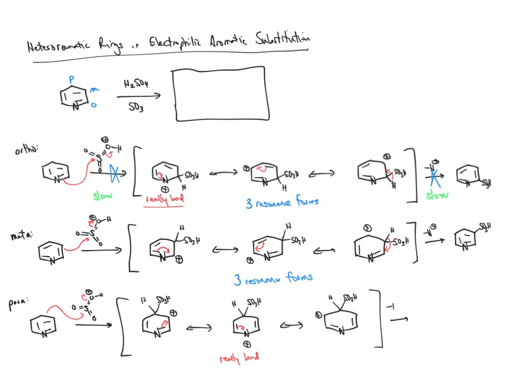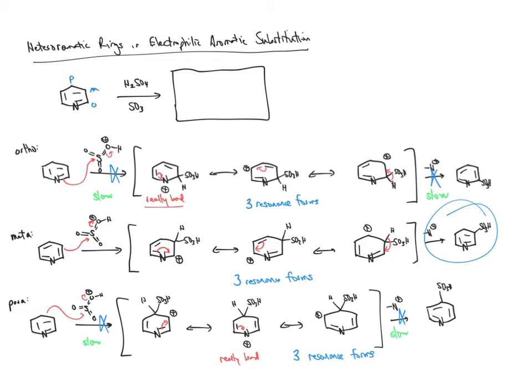Okay, loss of a proton would give me the para sulfonic acid, but this is so slow because you have a really, really bad resonance form that it doesn't occur. Right? So despite the fact that it has the same number of resonance forms, these resonance forms aren't quite as good. And so in this case, the meta substituent will predominate.